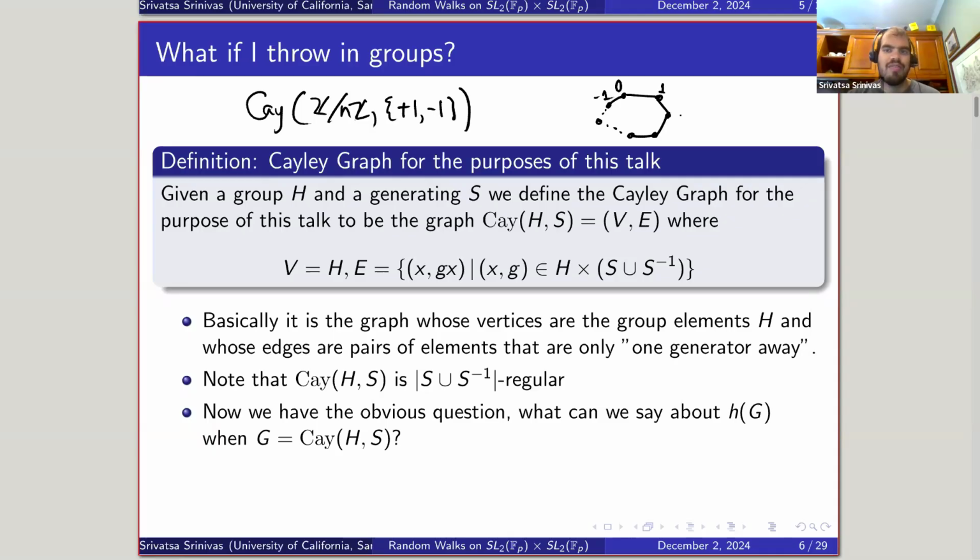Okay, so the Cayley graph in this case is obviously not an expander, because if I pick any set like this, then it's only connected to 2 boundary vertices.